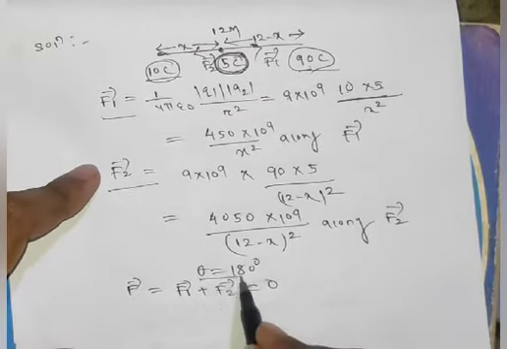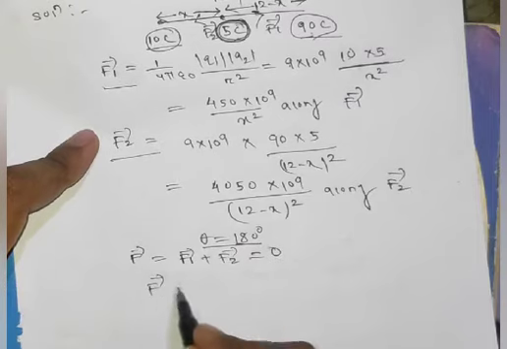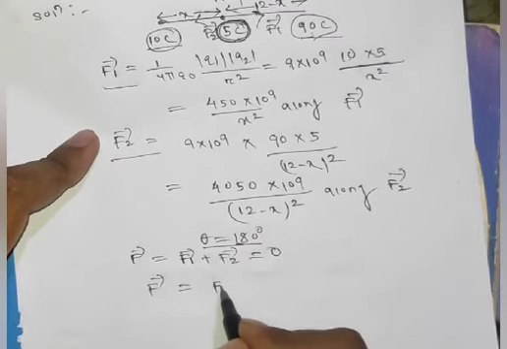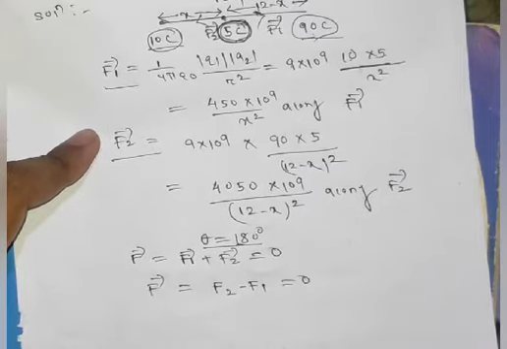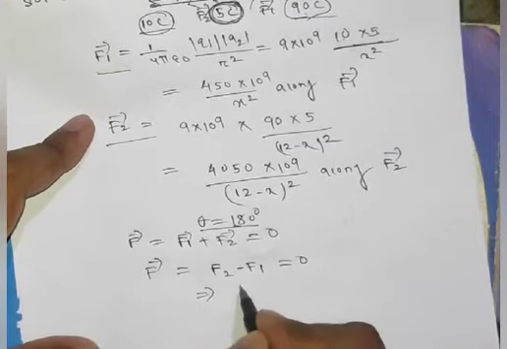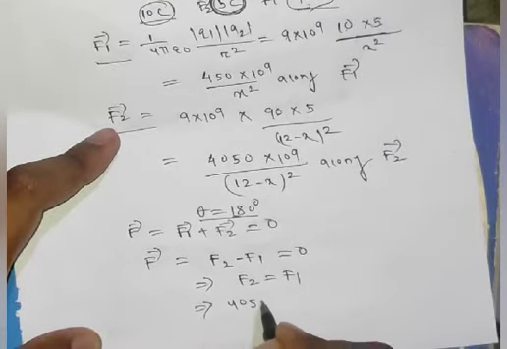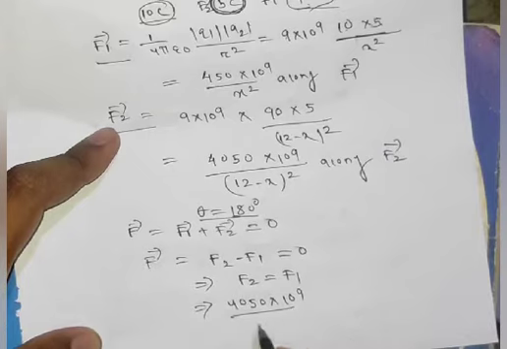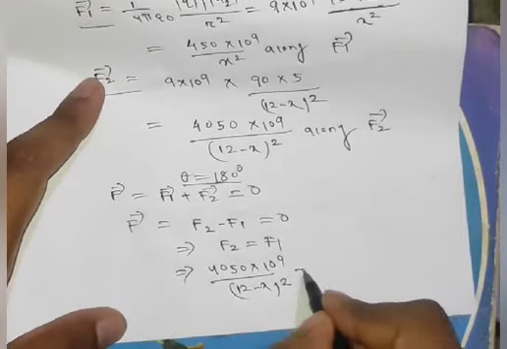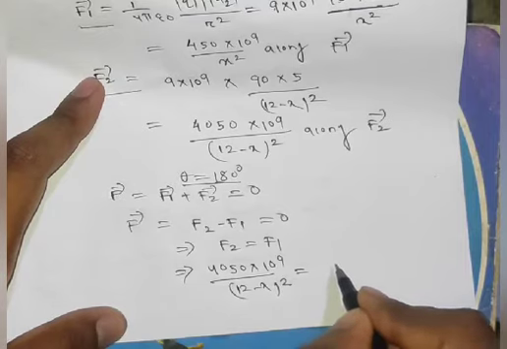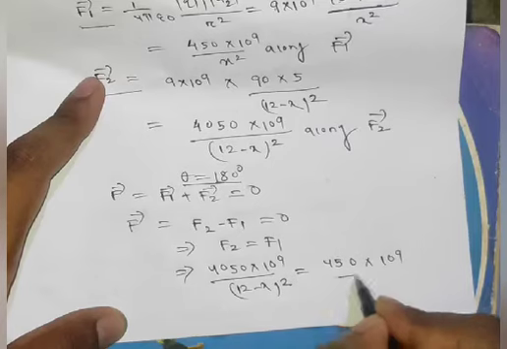For theta equal to 180 degrees, according to the vector addition rule, the resultant force will simply be F2 minus F1. That should be 0 for the equilibrium condition, so F2 should equal F1. F2 is 4050 into 10 to the power 9 by 12 minus x whole square, and F1 is 450 into 10 to the power 9 by x square.